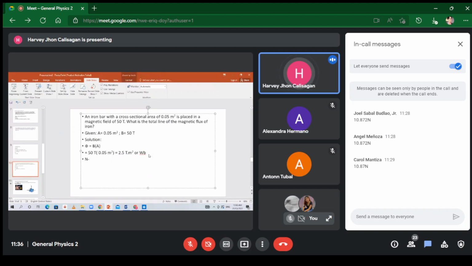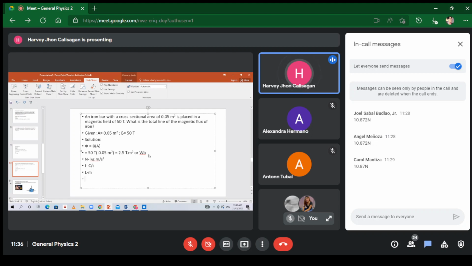So, Newton is kilogram meter per second squared. For the current I, we have coulomb per second, because it's Q divided by T. And for the length, we have meter.